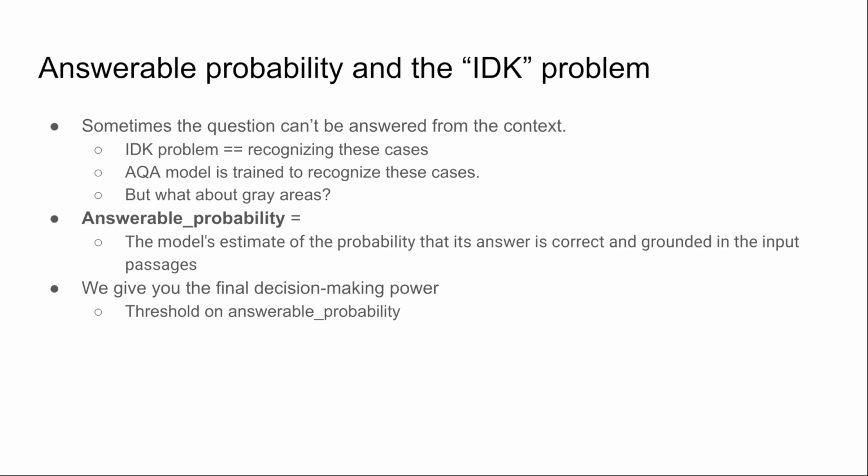So that gives the developer, as the final decision maker, the choice of what behavior to give to the end user, given the answerability probability. So to repeat, the model would always tend to generate the most grounded answer that it could, but it also provides an answerability probability from 0 to 1 that gives the developer the power to choose what to do.